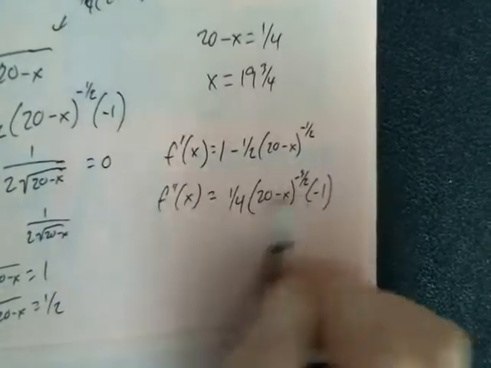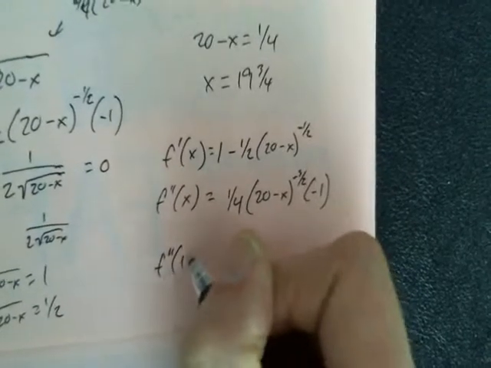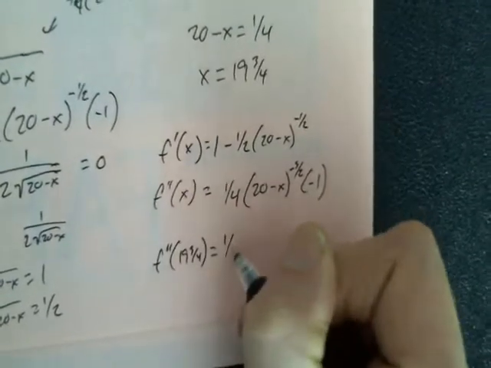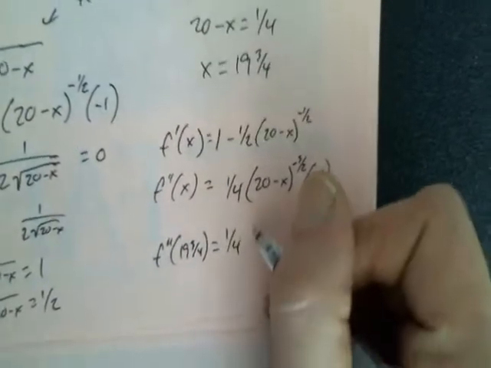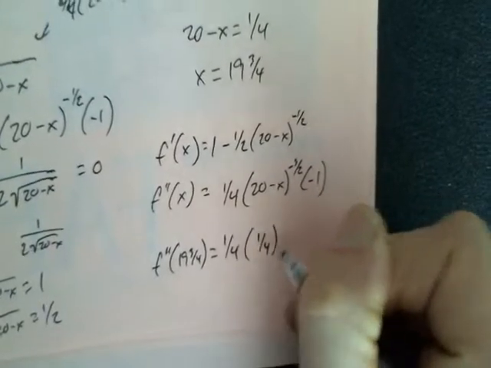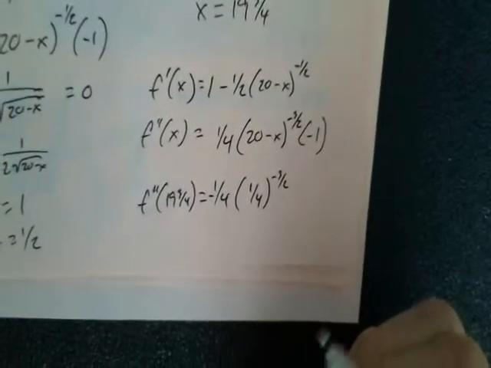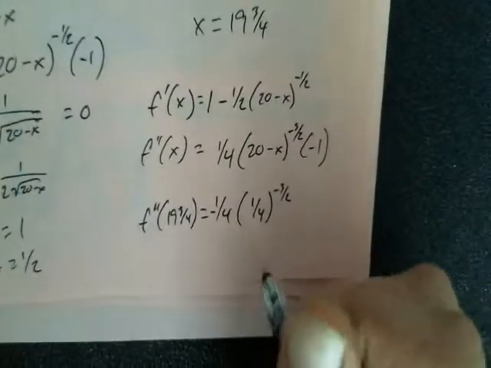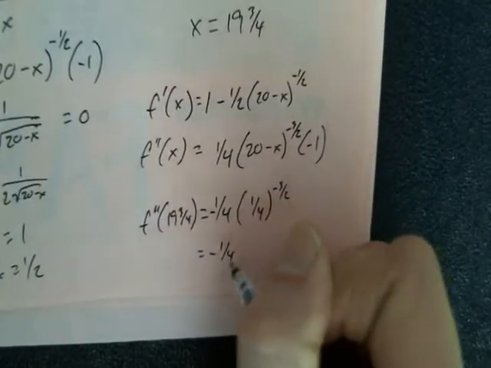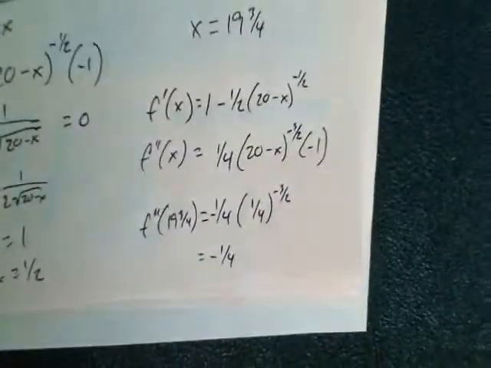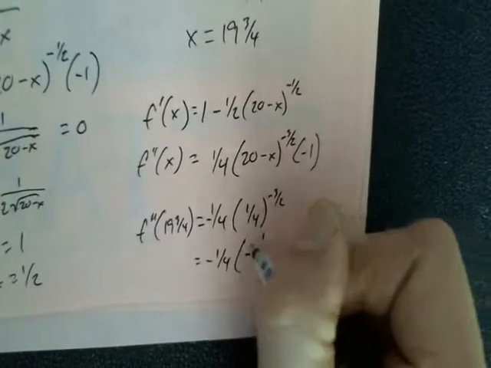I want to see if this is positive or negative at this value. So f double prime of 19 3/4: when x is 19 3/4, 20 minus x is 1/4. And times the negative 1, we'll just stick that negative out front. And so let's evaluate. That's negative 1 over (1/4) to the 3/2.